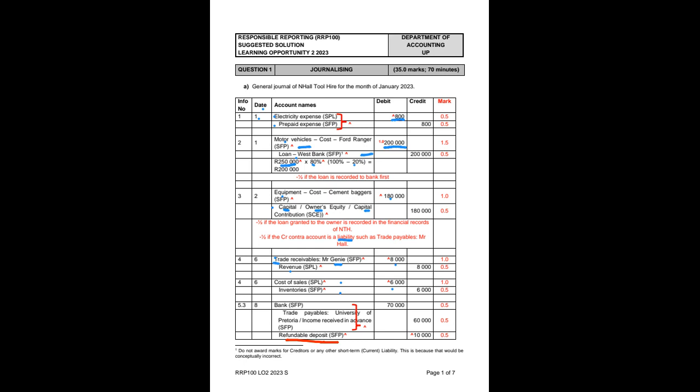So what you needed to have done is debit bank 70,000 rand, credit trade payable 60,000, credit refundable deposit, which is a liability, 10,000. Okay, so that is the journal entry that you needed to pass on the 8th.